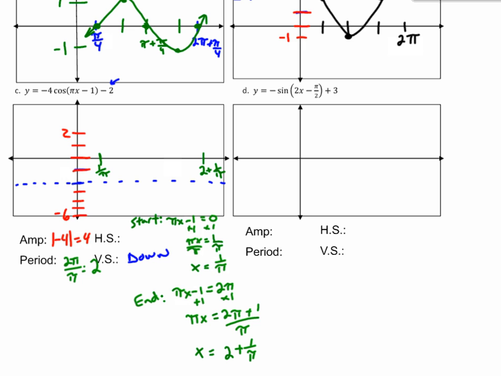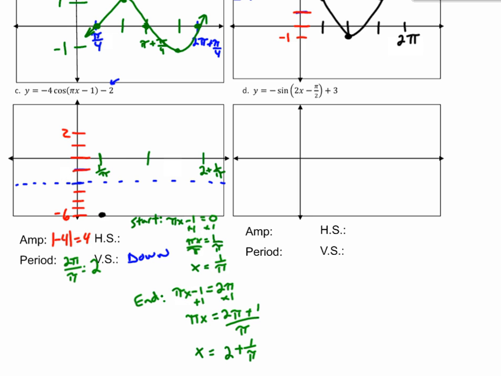So now this is a cosine graph, but there's a negative in front. Cosine usually starts at the top of the amplitude. This is going to start at the bottom of the amplitude. So it starts down here at -6, and it starts at my horizontal shift at 1 over pi. I've got places in between.